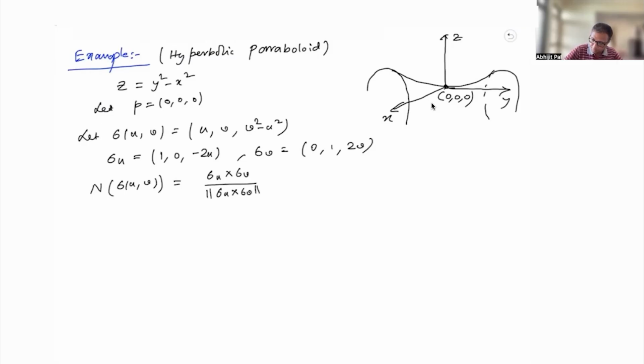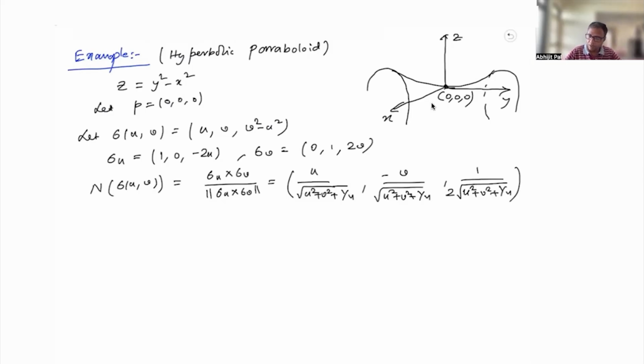So this will be equal to (u divided by root over u square plus v square plus 1 by 4, minus v divided by root over u square plus v square plus 1 by 4, 1 by 2 multiplied by root over u square plus v square plus 1 by 4).